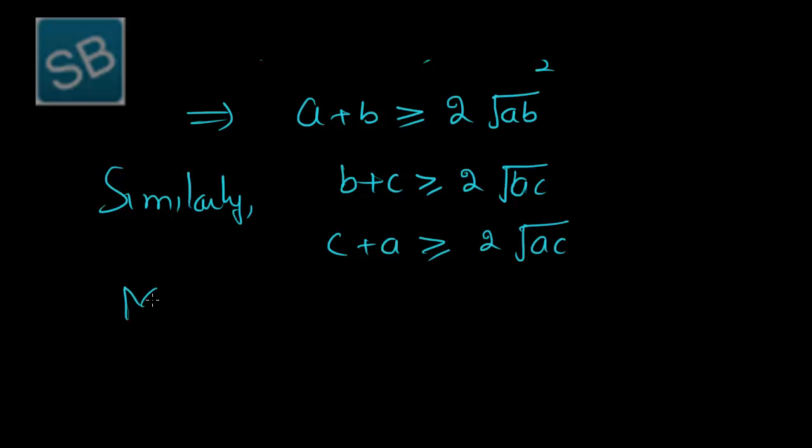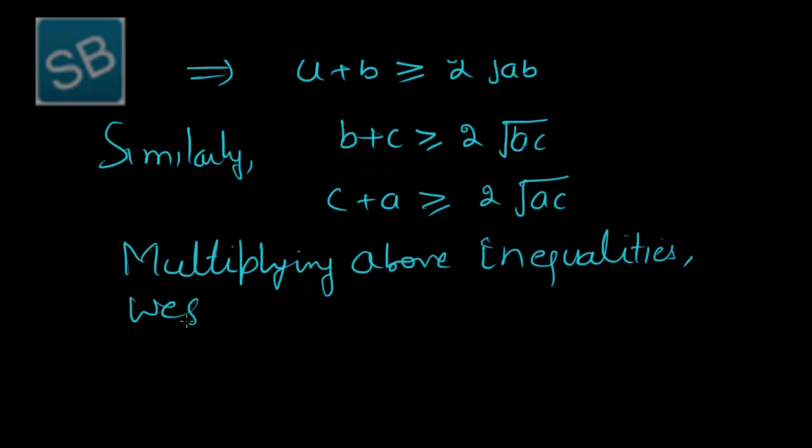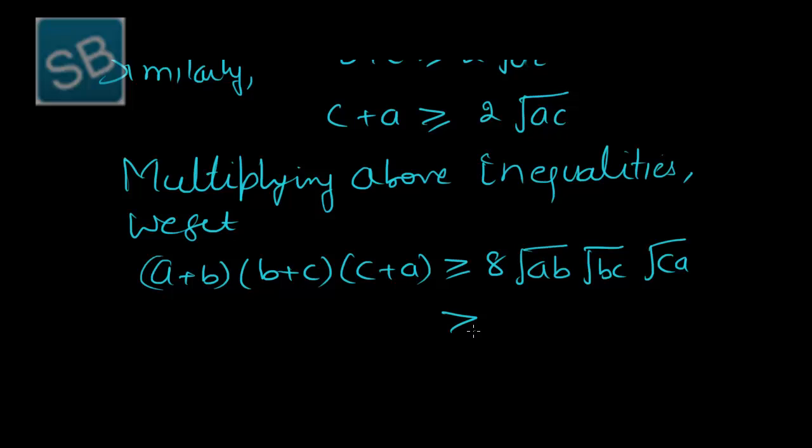Now multiplying the above inequalities, we get A plus B into B plus C into C plus A is greater than or equal to 8 times under root AB under root BC under root CA, that is greater than or equal to 8 times ABC.